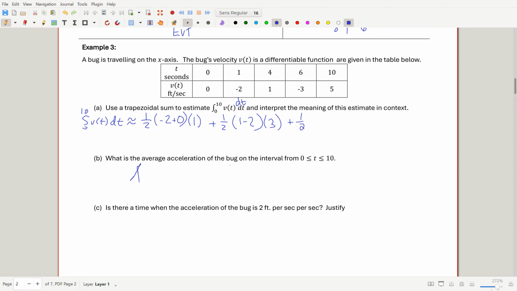Once you kind of get it, it's -2 plus 0, 1 plus -2, -3 plus 1. That width is 2. Don't lose my negative there. And then 5 plus -3.